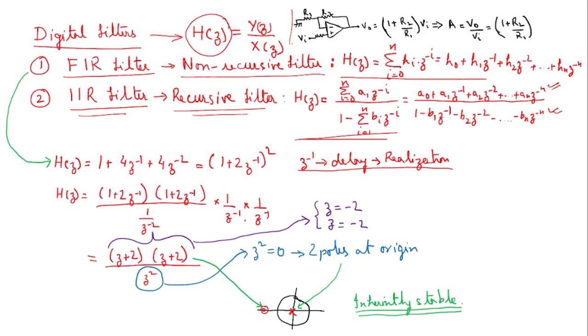Once you supply the system with an impulse input, you will be getting an infinite series. In the case of FIR filters, you will be getting a finite number of points, whereas in infinite impulse response filters, you will be getting an infinite number of output points. So, in this chapter, we will mainly be discussing the FIR filter.